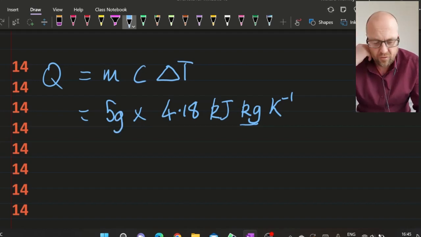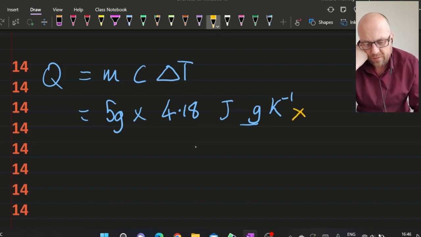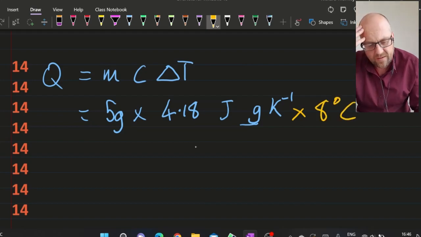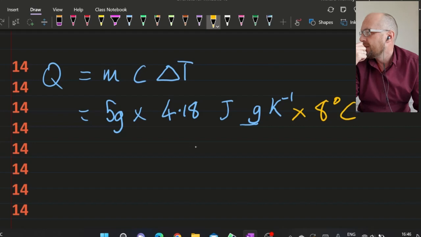Now they want it in joules. So one way that you could fix it is if I want this with joules, I can knock out that K and I can knock out that K, and that works. I multiply that by the temperature change, which is from 10 to 18, so that's going to be 8 degrees C, which is the same as 8 Kelvin. The difference of 8 degrees C is the same as the difference of 8 Kelvin.